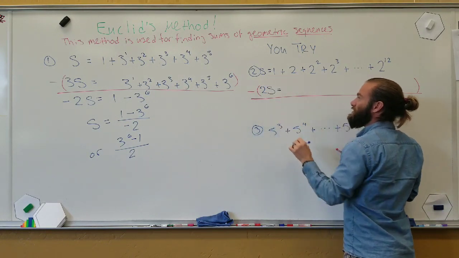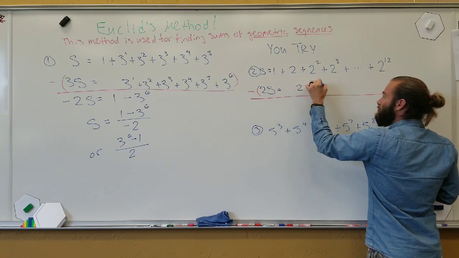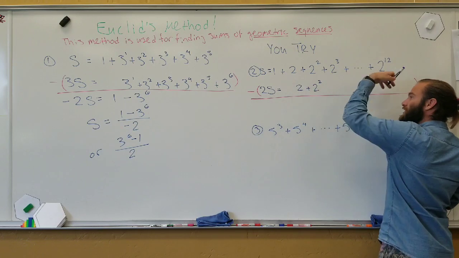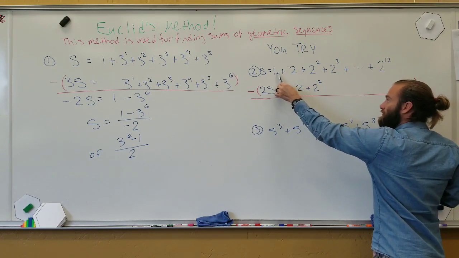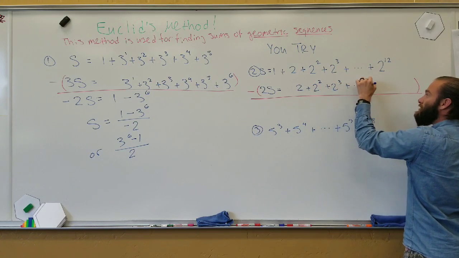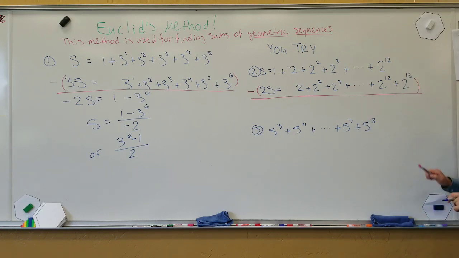So we're going to subtract 2S, and 2S is equal to 2 plus 2 squared. I'm just shifting this one entirely to the right, meaning every exponent jumps up by 1. Plus 2 to the 3, plus 2 to the 12th, and then there's going to be a last one, 2 to the 13th there.